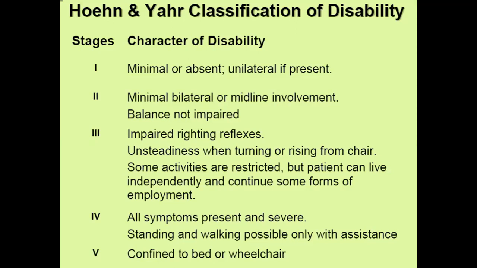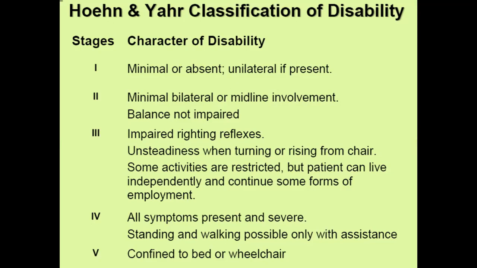The second classification is bilateral involvement, with balance not impaired. The third indicates unsteadiness when turning or rising from a chair. Some activities are restricted, but the patient can live independently and continue some form of employment.